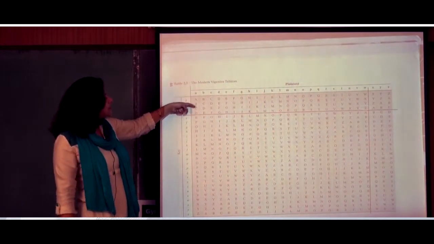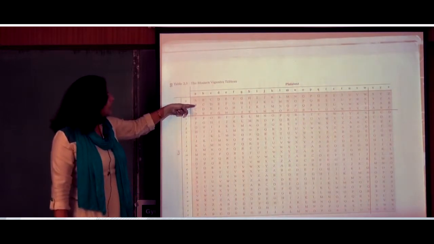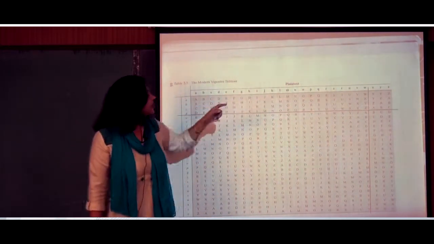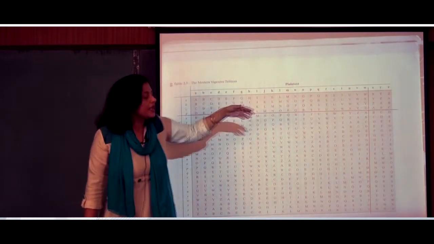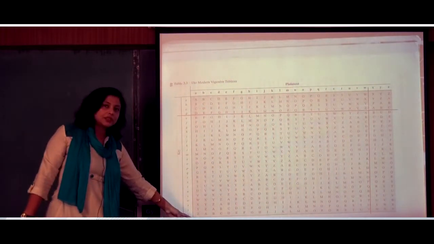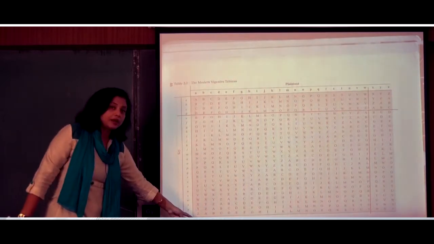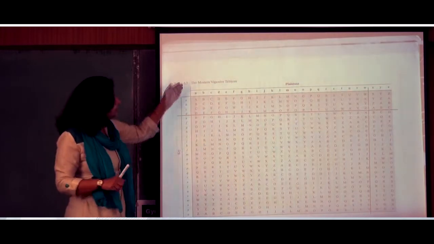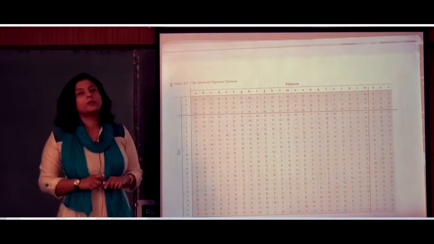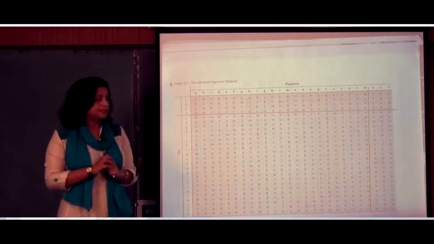So, the second row will start with B and it will end with A. The third row will start with C and it will end with B, and so on till you reach the last row, which will start with Z and it will end with Y. So, you have finished a 26 by 26 matrix.